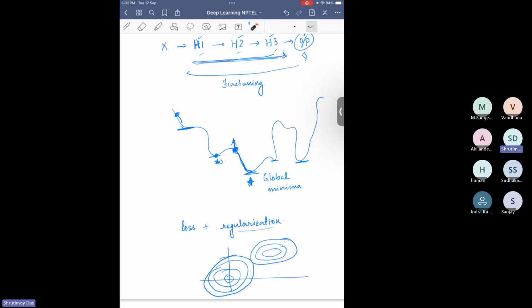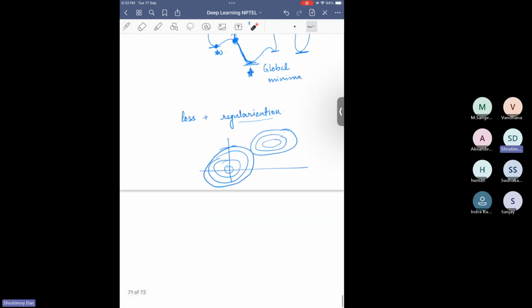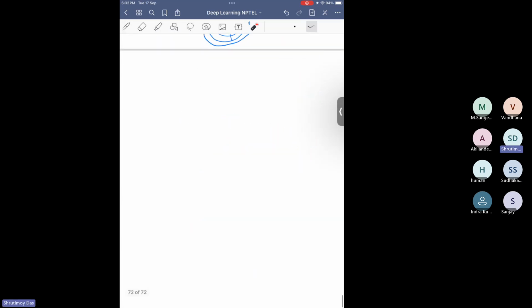If you have no doubts, you can just type no. Okay, good. So the next topic that was discussed was that of activation functions.